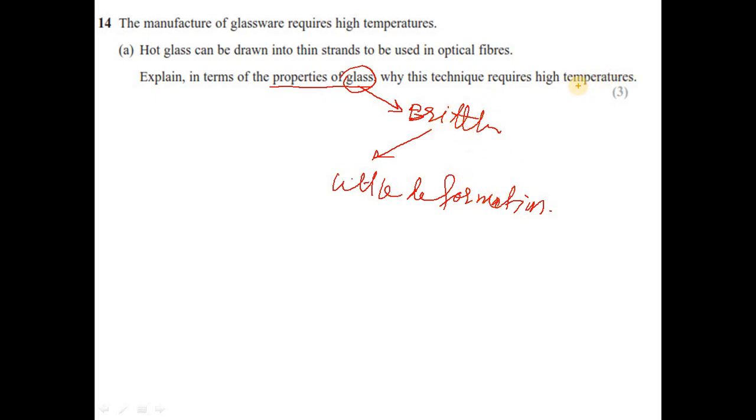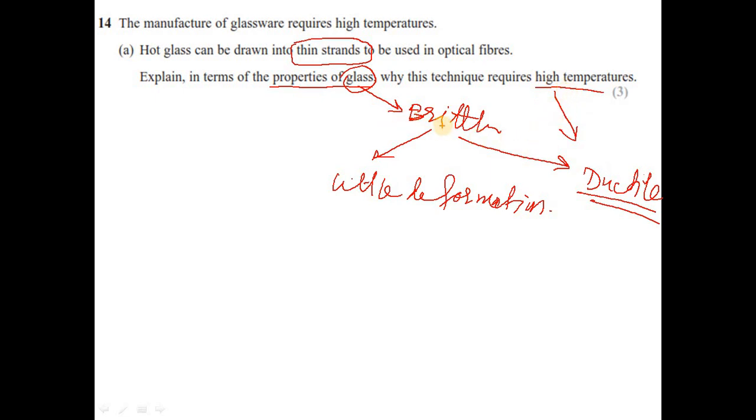But high temperature causes viscosity to decrease. If viscosity decreases, then glass becomes ductile. Be careful, I'm using the word ductile here because I looked at a thin strand. That means glass is converting into a thin strand, that means glass is made in the form of wire, so the glass becomes ductile. That's why we need high temperature.